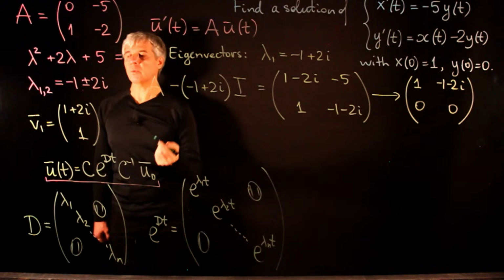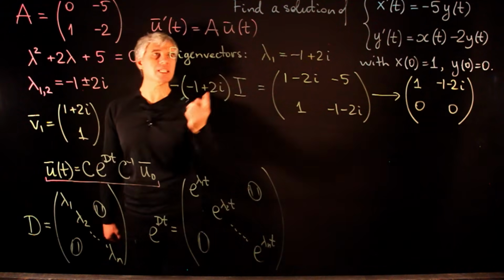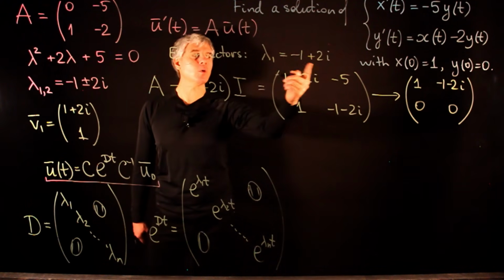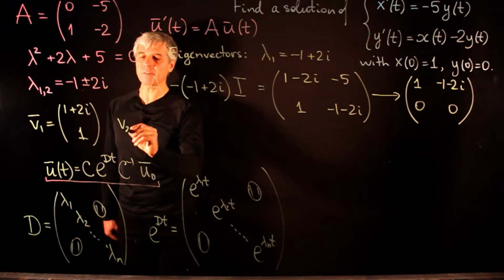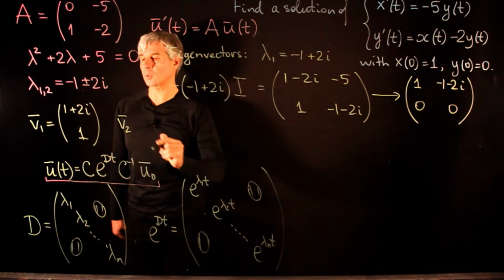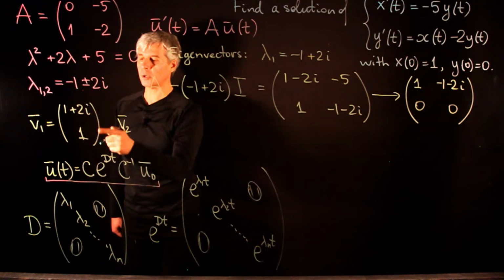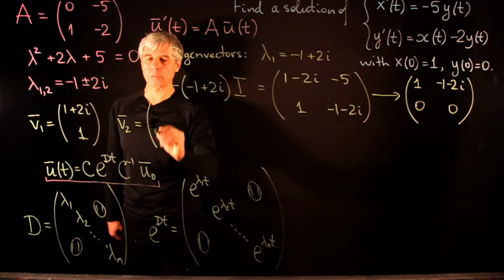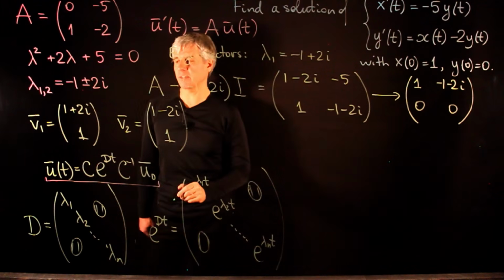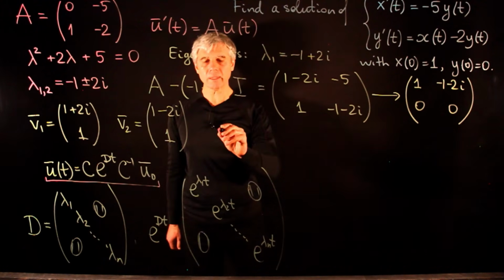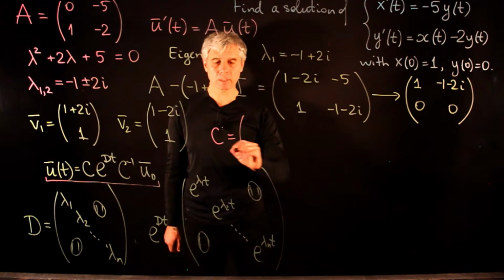And then we apply our principle that the second eigenvalue is a complex conjugate of this one. So then, to obtain the second eigenvector that corresponds to lambda 2, we take the complex conjugate of this vector here. So we get 1 minus 2i and 1. So this is the second eigenvector. So we get that the change of basis matrix is the following.